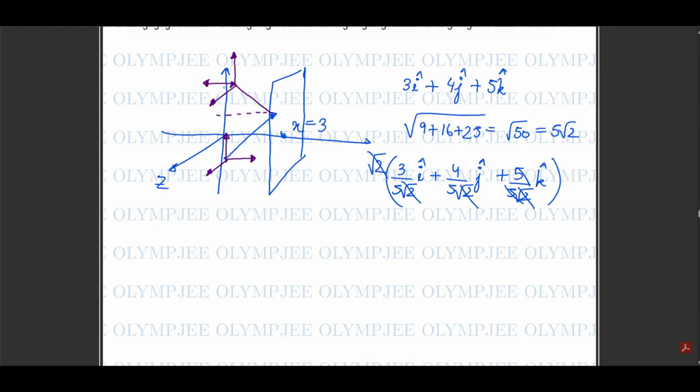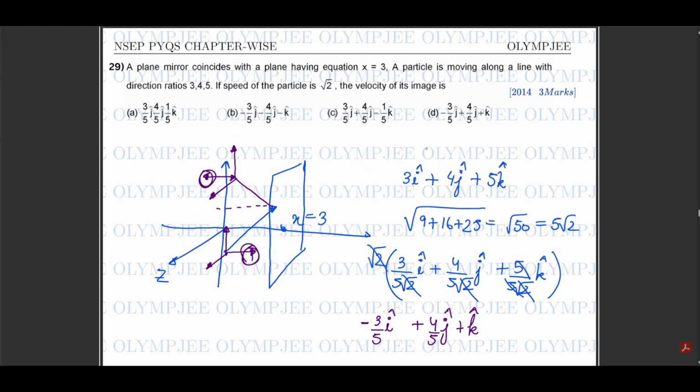If you notice, then only the x coordinate has changed direction. So we can write the velocity after reflection as, we add minus sign in front of i cap, and rest of the components remain same. So that will be given by option D.